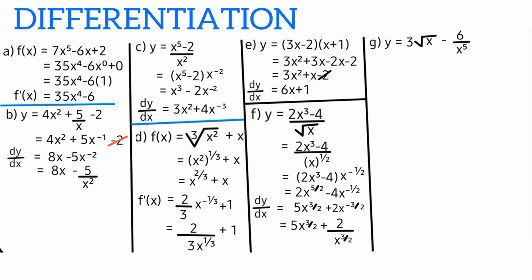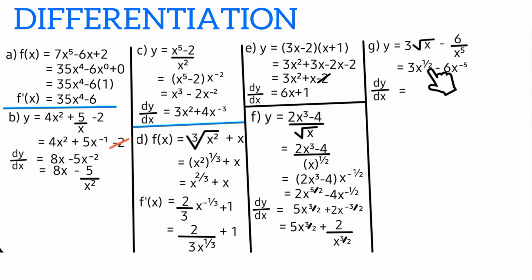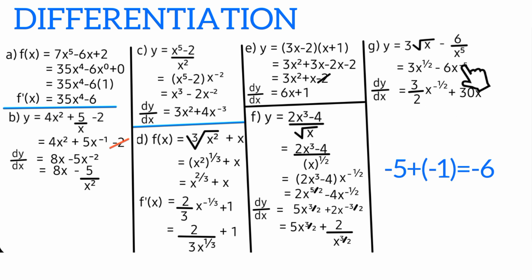Now let's answer the last question. Square root of x means x raised to the power of 1 over 2, minus 6, taking x raised to the power of 5 up, it changes to x raised to the power of minus 5. So differentiating this now, we have 1 over 2 times 3x, 1 over 2 minus 1 gives minus 1 over 2, minus 5 times minus 6x, minus 5 minus 1.